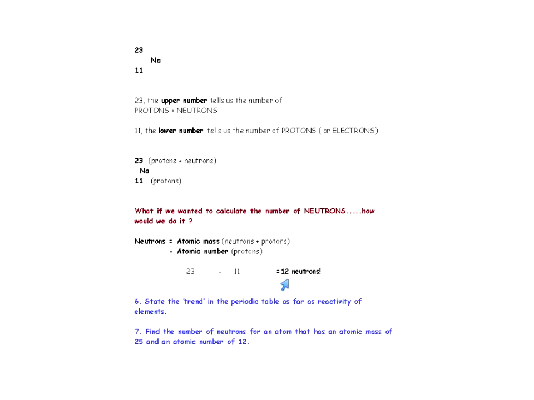All right, so another question for you guys, number 6. State the trend in the periodic table as far as the reactivity of elements. So we're talking about what direction you go in the periodic table as far as when elements are more reactive. What would you say? Okay, up and right. Well, actually, it's within any column.